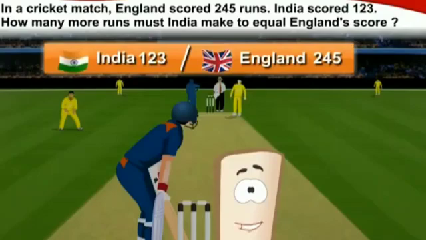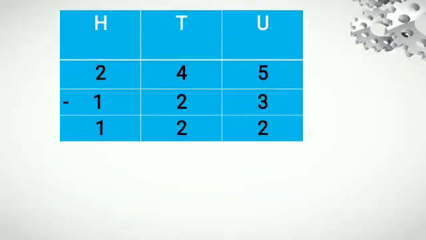So how many more runs does India require? We have to find out. So we'll arrange them in a box, hundreds, tens and units. England scored 245 and India scored 123. Whenever we do the subtraction, we'll get the answer.